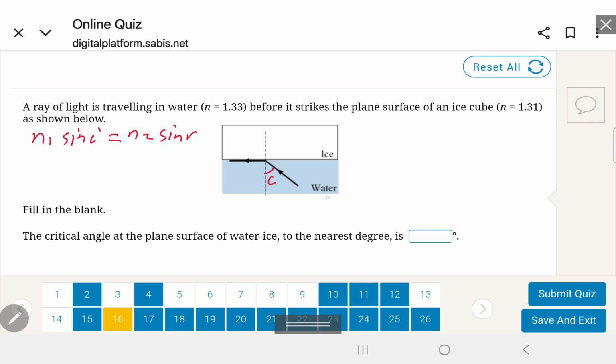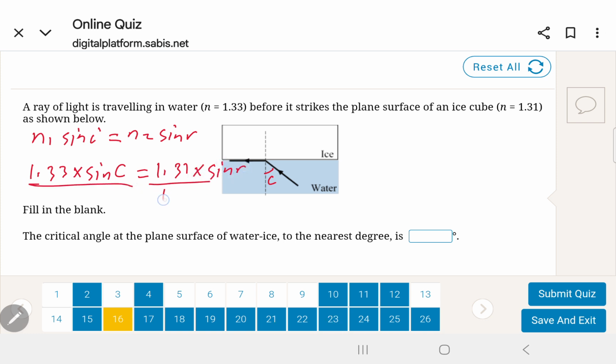N1 is water, given to us here, 1.33. So 1.33 times sine critical angle, we don't know it, equals N2, which is ice, 1.31, times sine r.